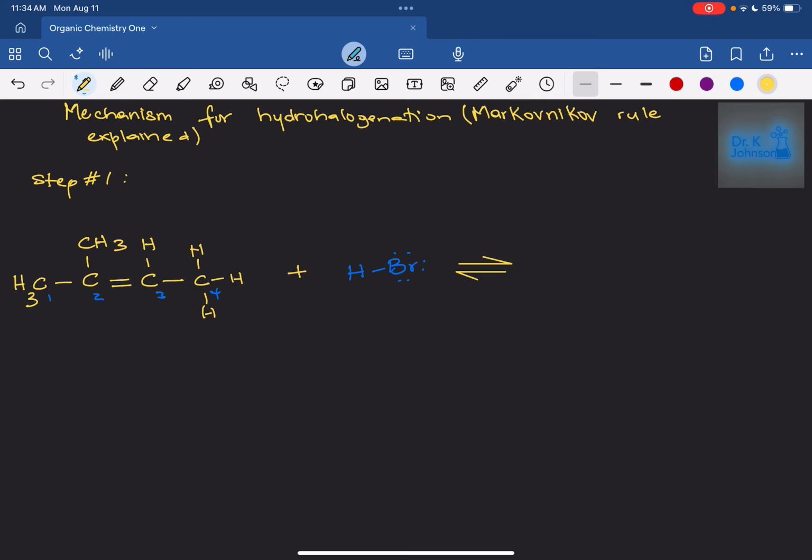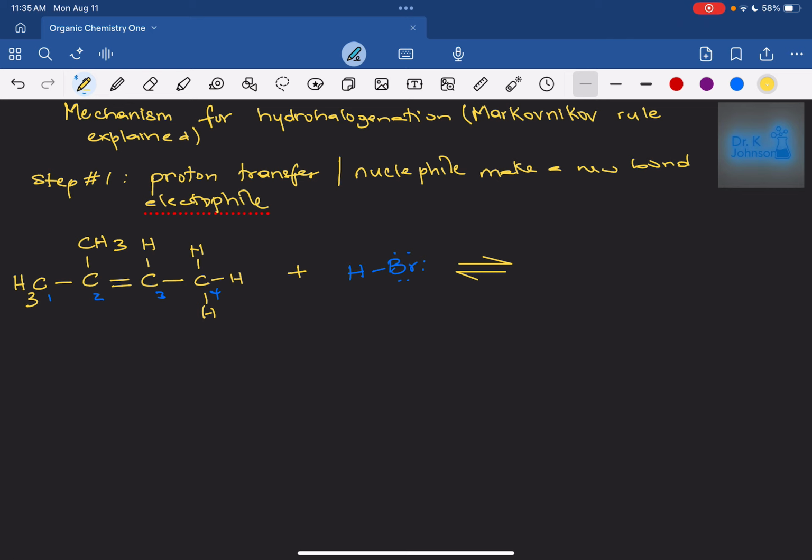This first step can either be called a proton transfer, or it can be a nucleophile making a new bond with an electrophile, or it can also be called a nucleophilic attack. Whichever one you choose is fine. Just make sure you know what's going on here.